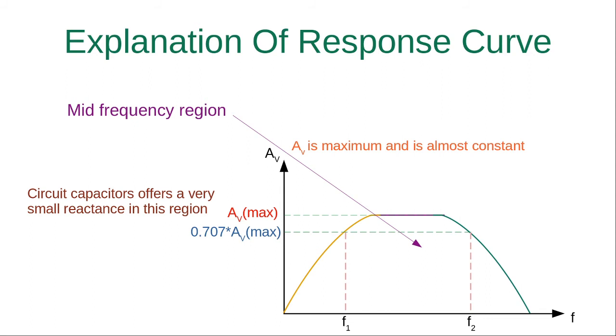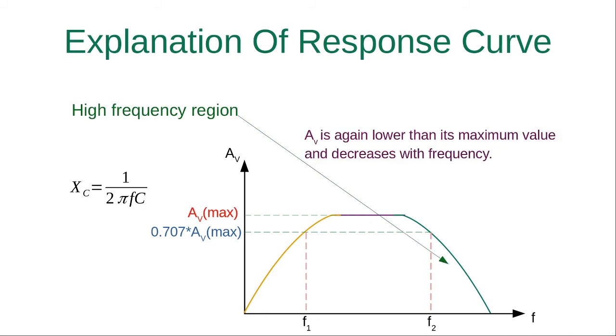In the high frequency region, although all the capacitors connected in the circuit offer a negligible reactance, the gain of the amplifier reduces with the frequency of the input signal. The internal capacitors of a transistor now play a crucial role in the reduction of voltage gain.